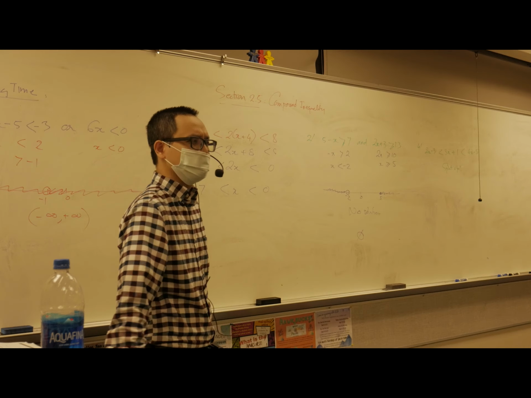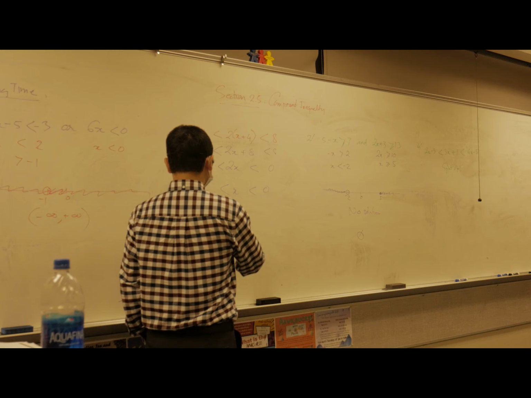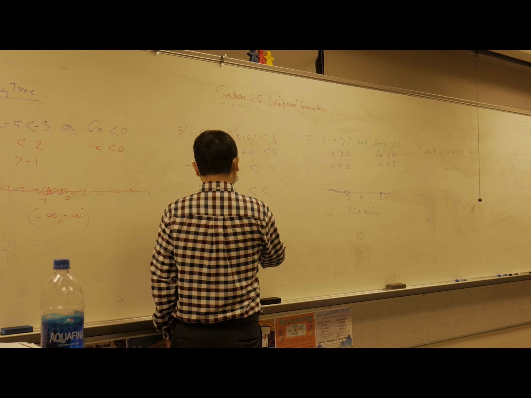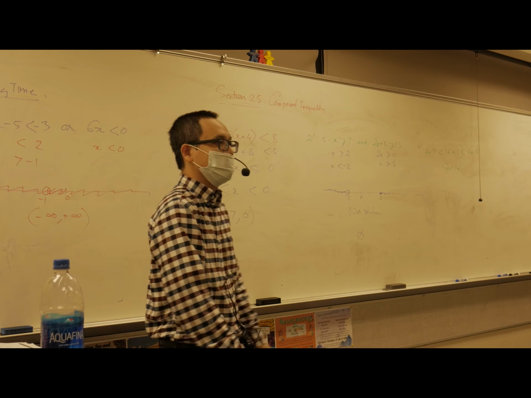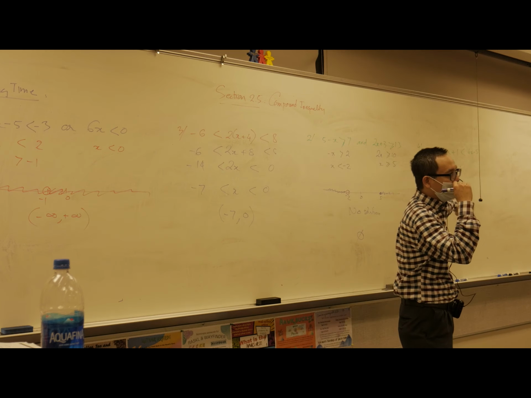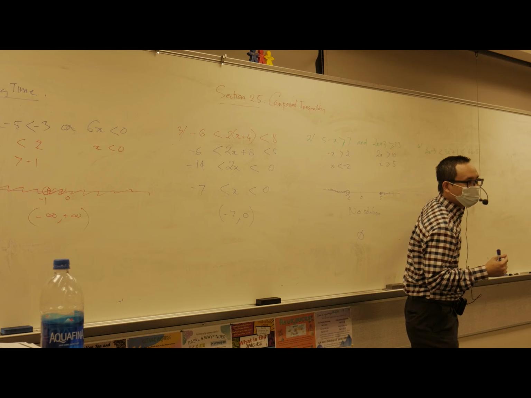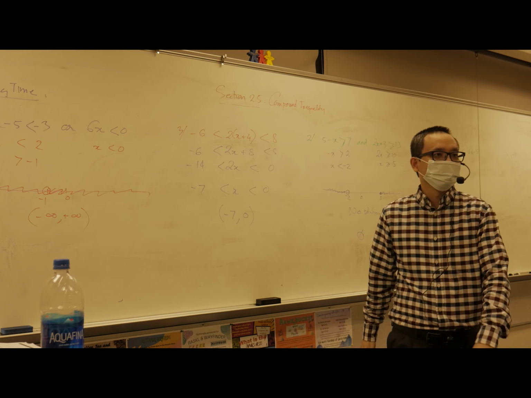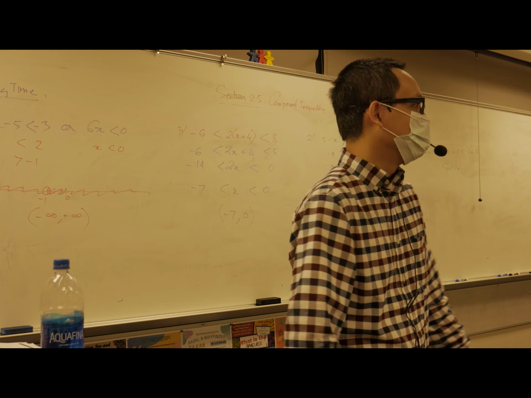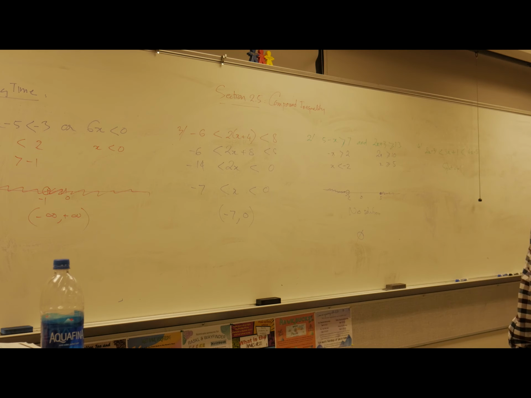You say negative 7 to 0? There you go. Alright, 1 point right over here, guys. I'm just not sure if it's negative 7 to 0 or negative 7 to 6.